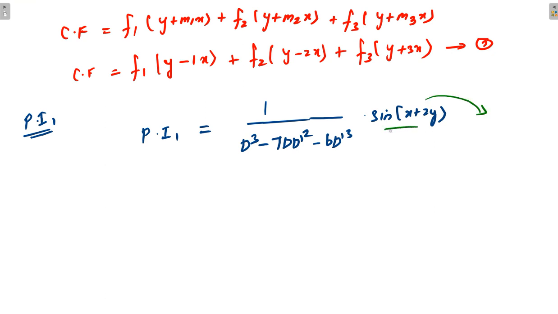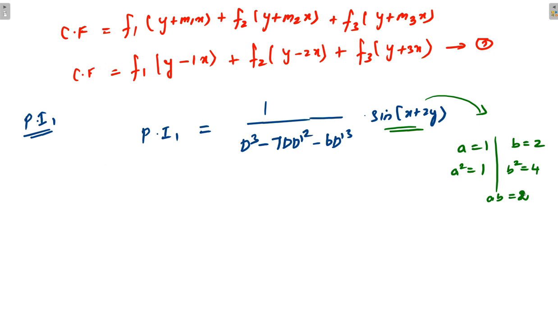So the given function is trigonometric. So for that, first I am going to find out a and b here. So a equal to the coefficient of x is 1, coefficient of y is 2, a square is equal to 1, b square equal to 4, ab equal to 2.